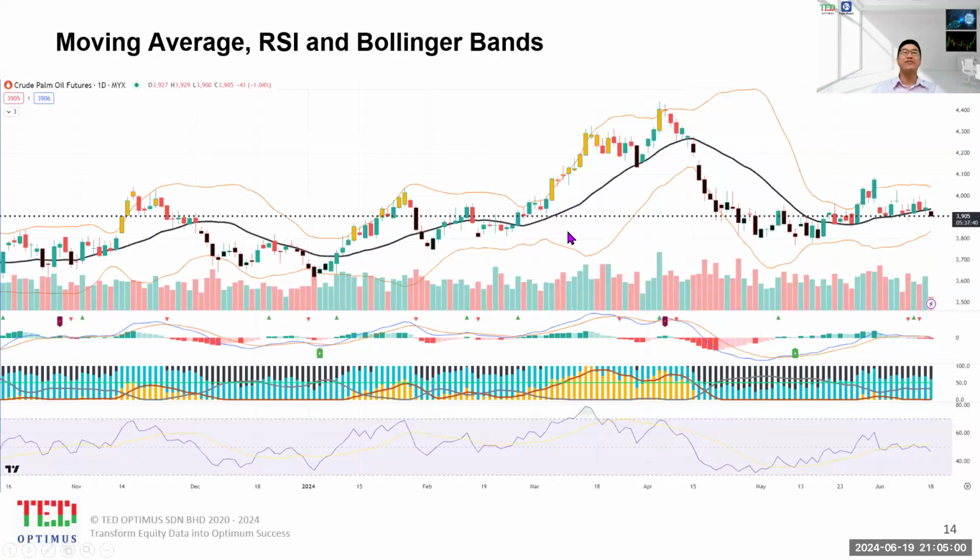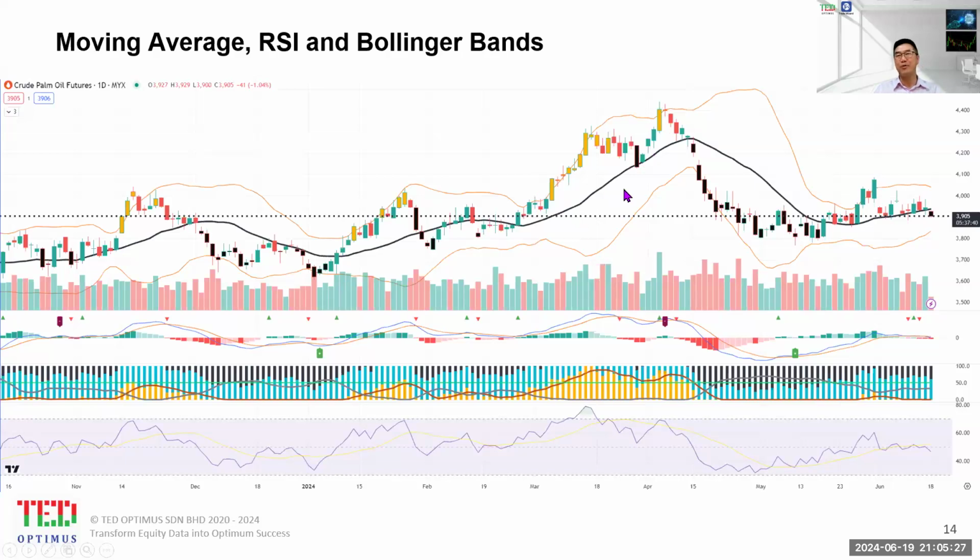And of course, normally what people interpret is when the price is touching the upper band or even going above the upper band, they call it overbought. That means if overbought, there will be an impending reversal of the trend. This one could be overbought, but here is not.